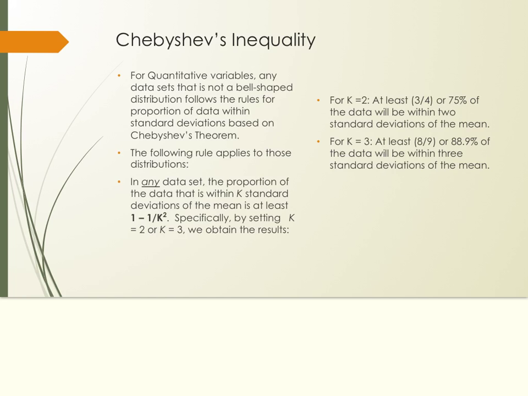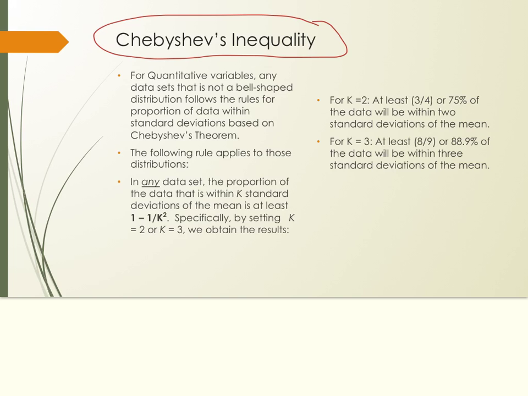Well, data is not always normally distributed, and we kind of want to know what's the percentage of data that we would find if the data set is not somewhat normally distributed. So in this case, we use something called Chebyshev's inequality. For any quantitative variable, for any data set that's not a bell-shaped distribution, the following rules apply, and this is called Chebyshev's theorem.